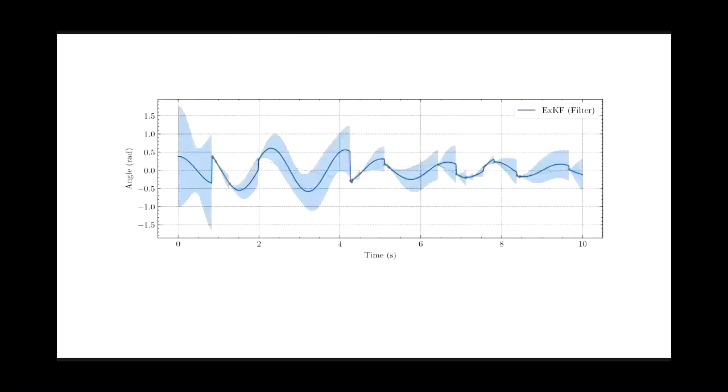Okay, so let's implement an extended Kalman filter on this pendulum problem. The observations might be a little difficult to see, but we start at time 0, we've got a heavy amount of uncertainty, and we shrink a little bit, the pendulum crosses the 0 line, and then it shifts up.